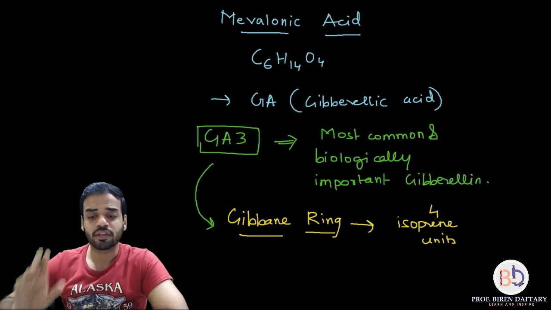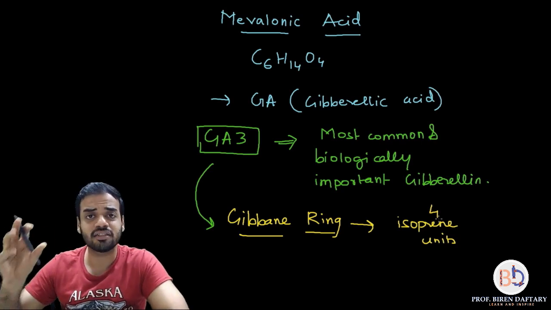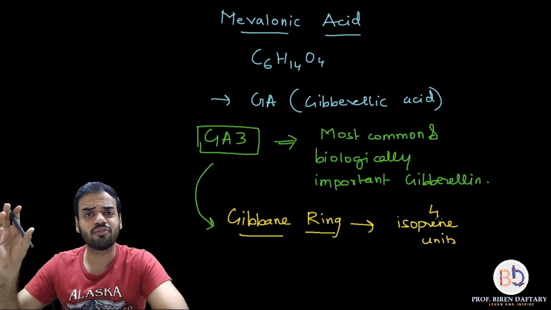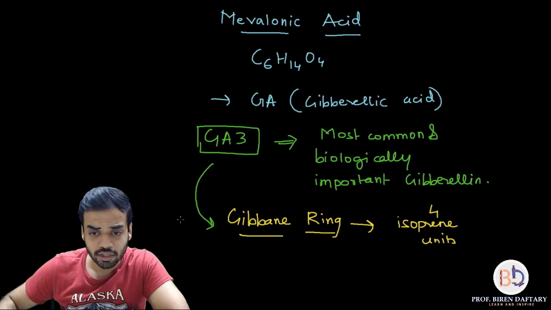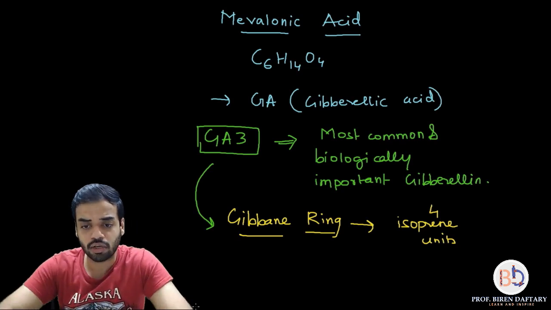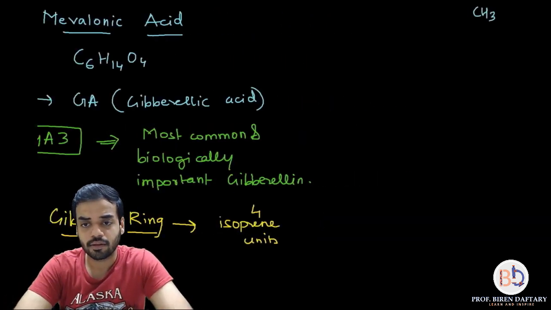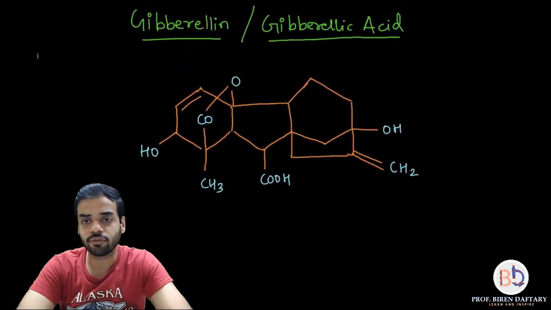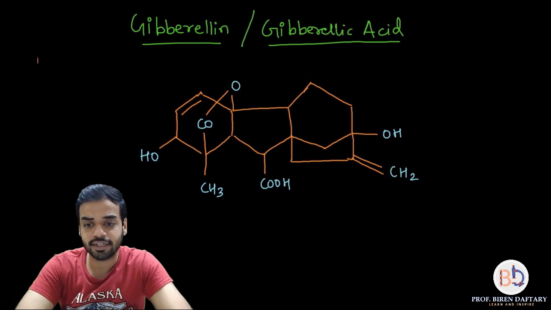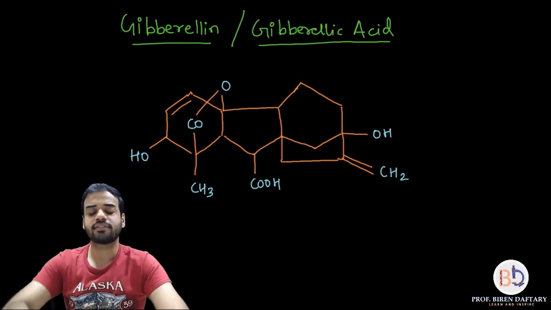Now again, I have added the structure of gibberellins for your information. You don't have to remember that, it is just extra. So I'm going to scroll over here and show you the structure. If you can see over here, I have added this structure.